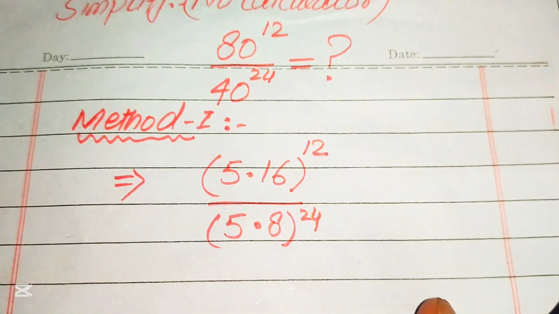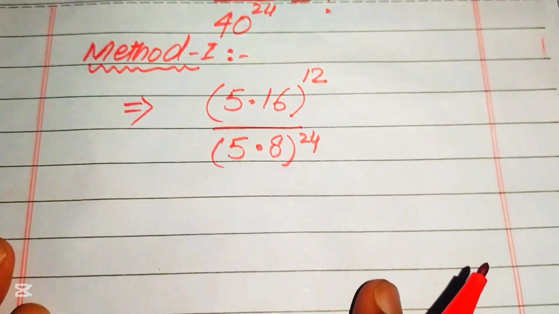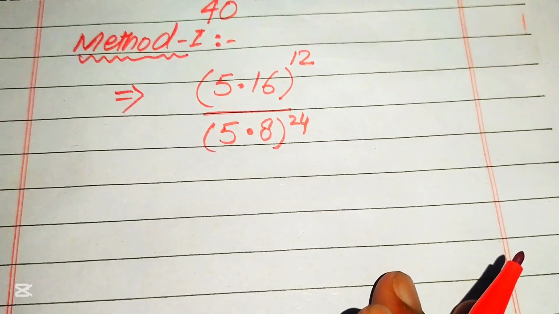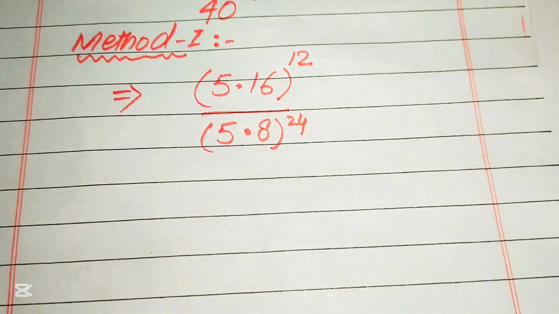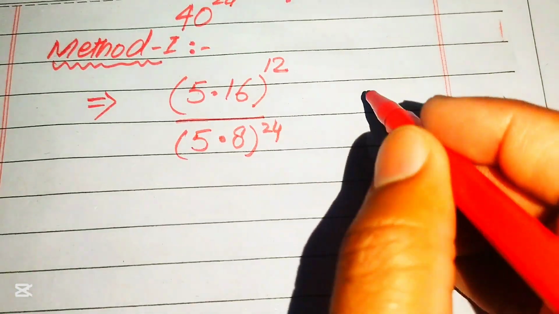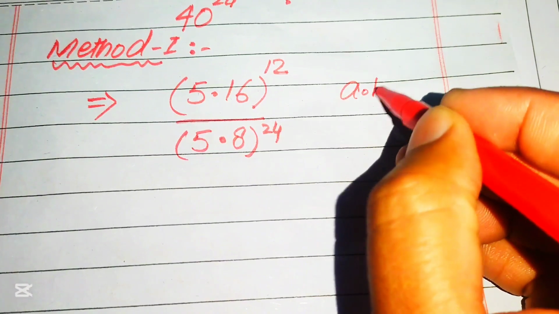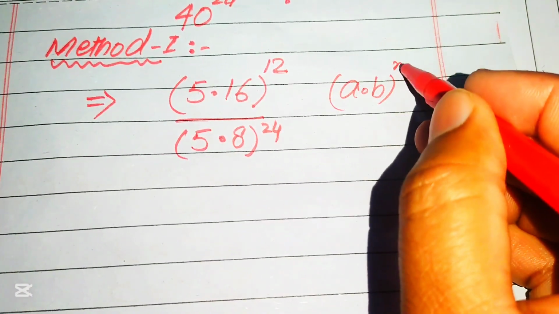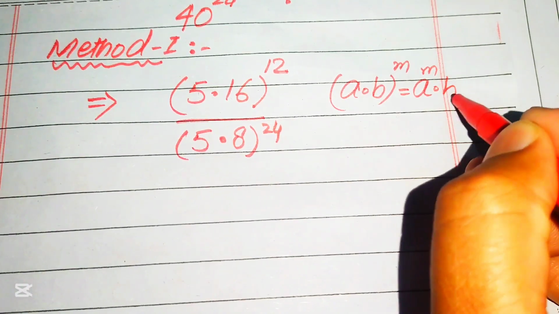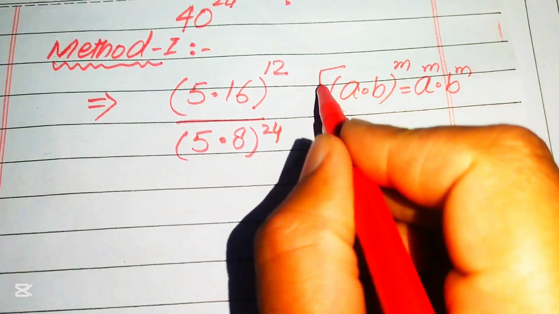Now in the next step, we need to simplify the terms. First we apply the exponent law: if we have a multiplied by b and its whole exponent is m, we write it as a to the power of m multiplied by b to the power of m.